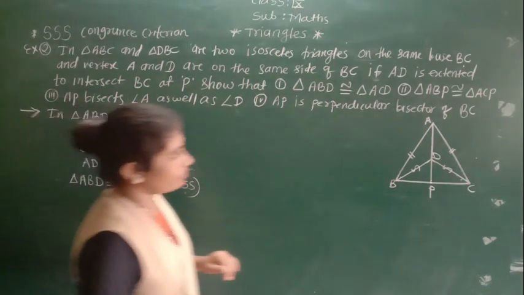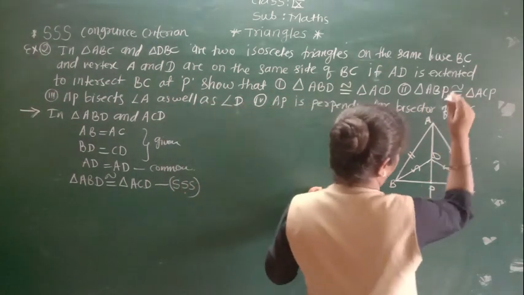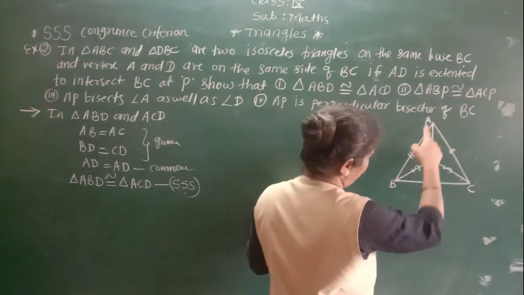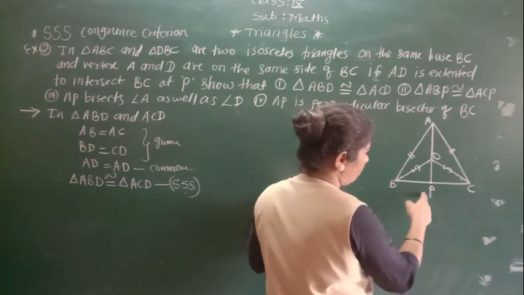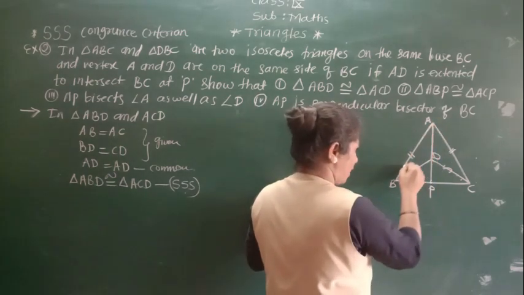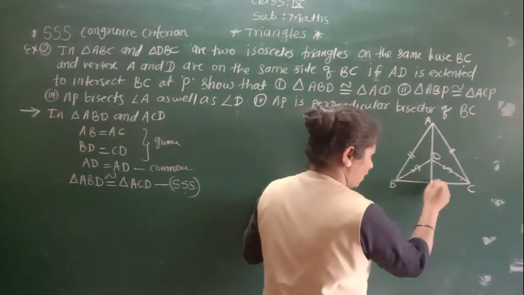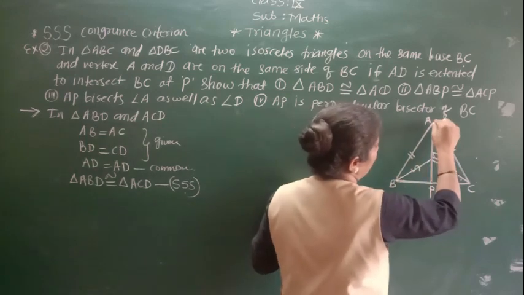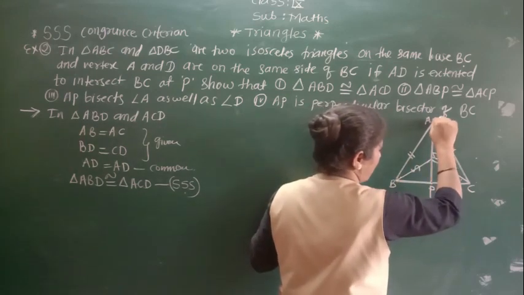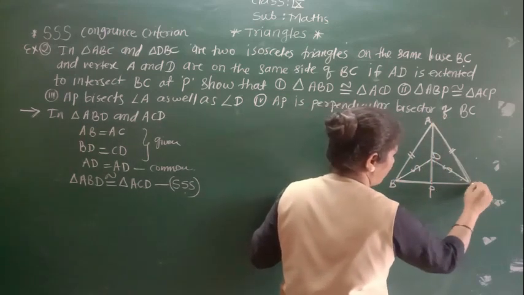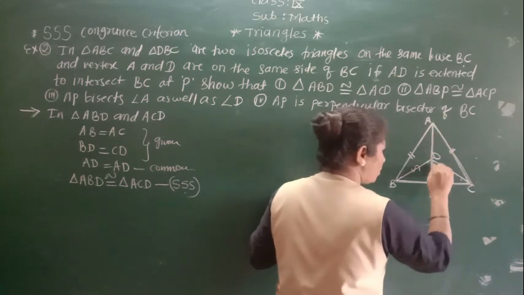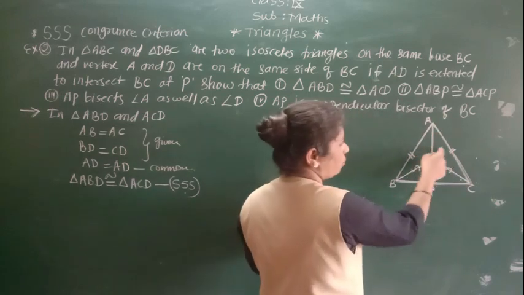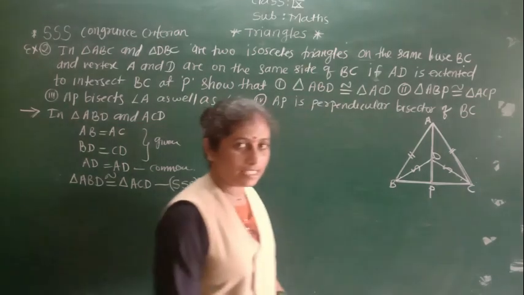Okay. Now next we have to prove triangle ABP is congruent to triangle ACP. Now see here, we have proved these two triangles are congruent by SSS criteria.